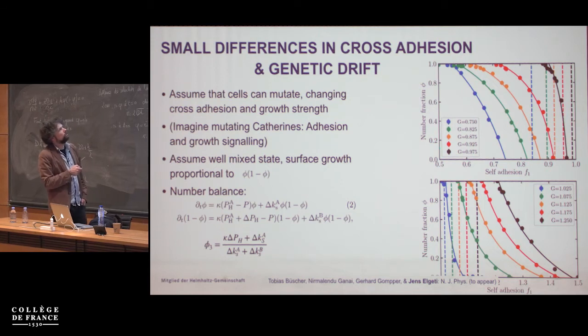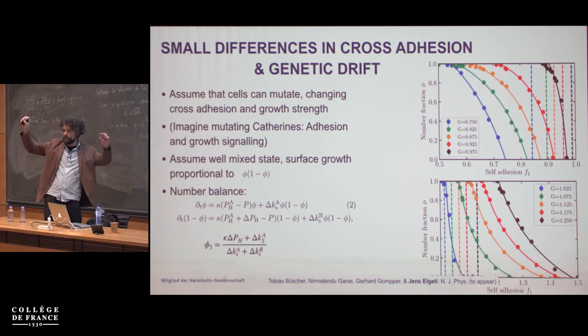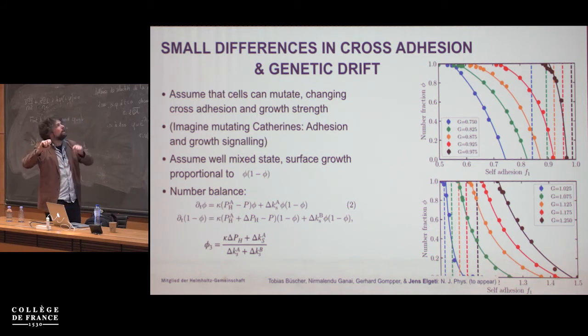So here I show what happens if you change the self-adhesion. So you take two tissues, you keep the host tissue constant, and you change the invading tissue to a different adhesion strength. And you also change the growth strength accordingly. And what's the stable steady state you get? And again, you get, in many cases, coexistence, which is highlighted here by the intermediate number fractions, right?